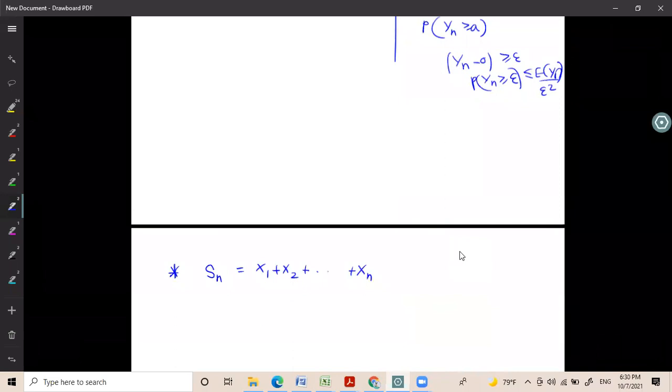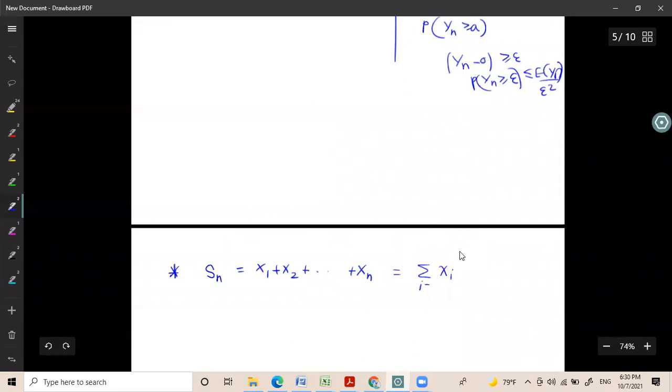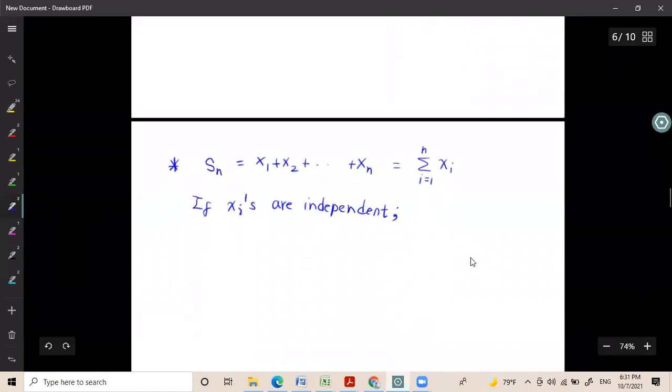So Sn or Tn is the sum of your X's, sum of Xi, i going from 1 to n. Now, if the Xi's are independent, we can come up with very nice findings.